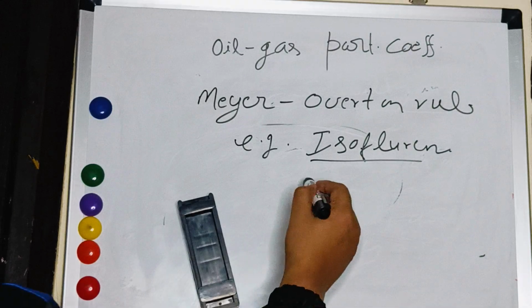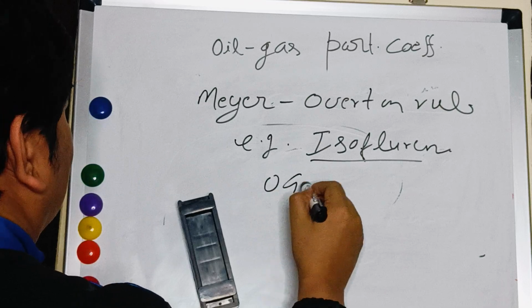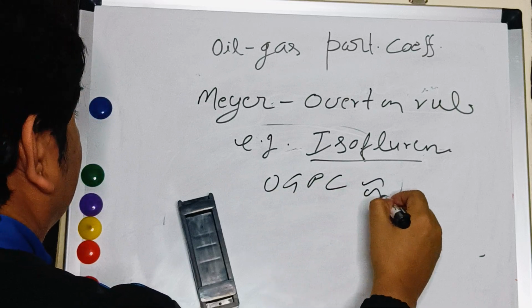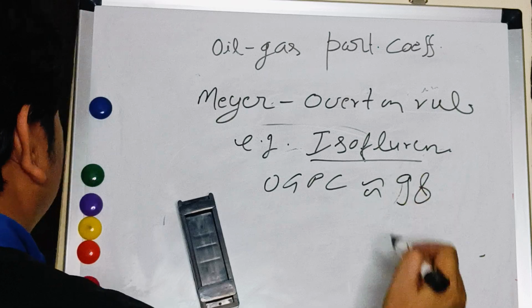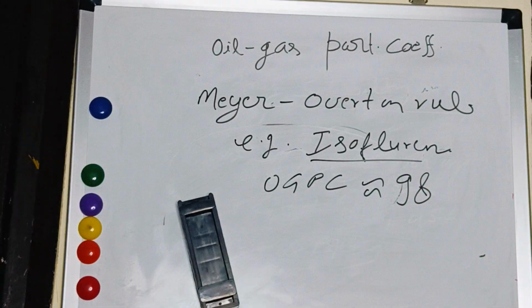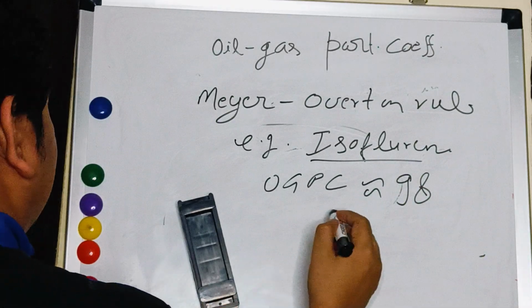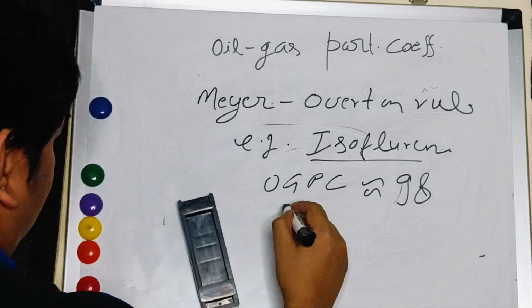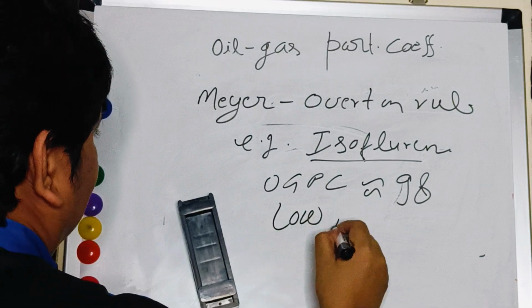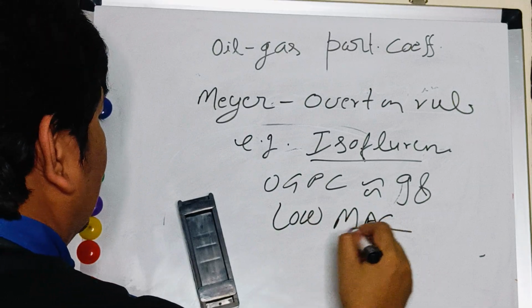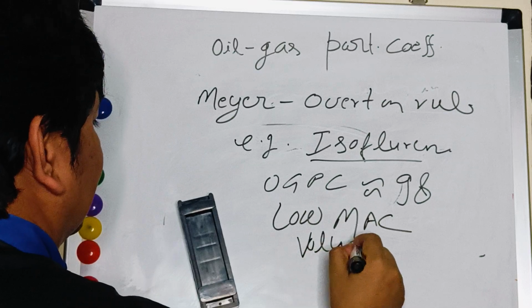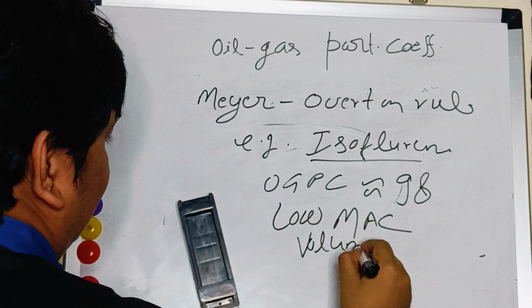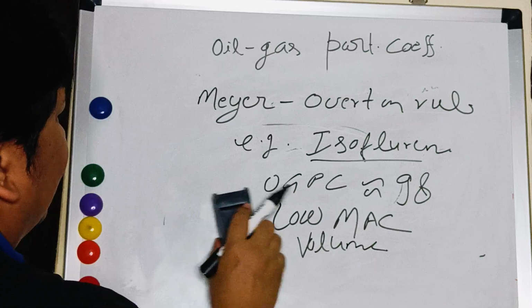Its partition coefficient is around 98, very high. So it means it will require a very low MAC to be effective. So a low MAC value will be required for its potency, for its effect.